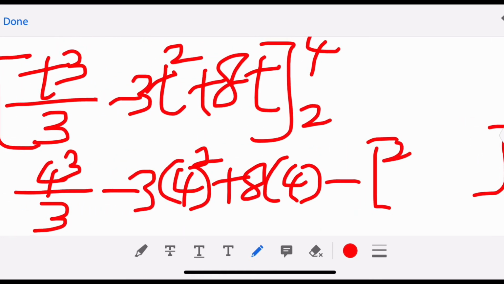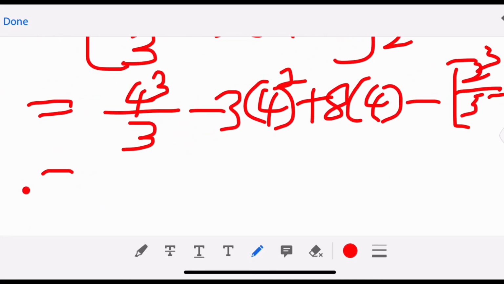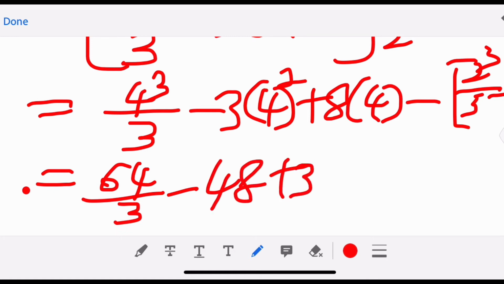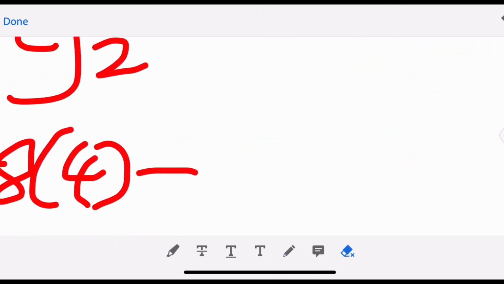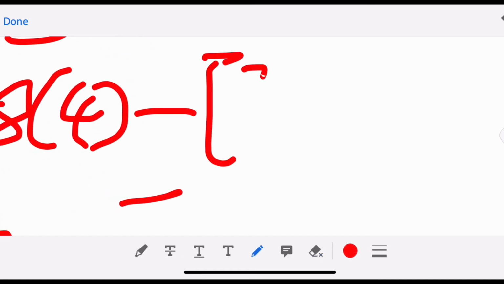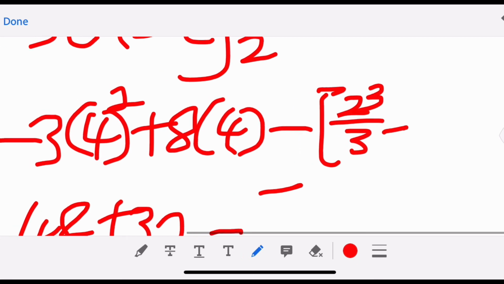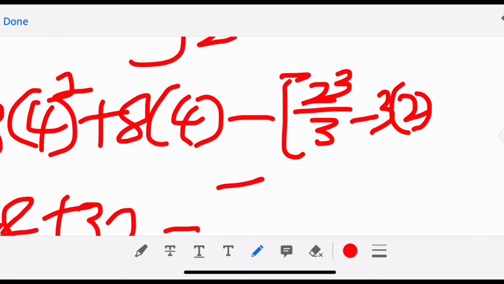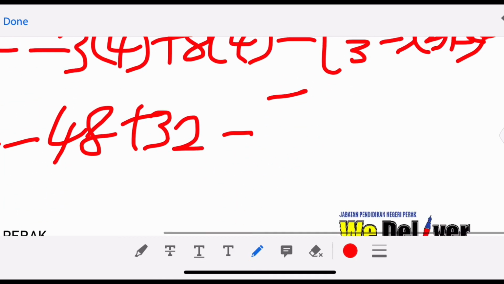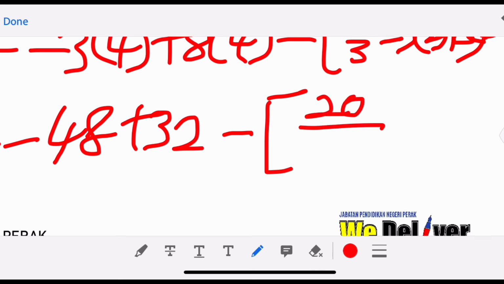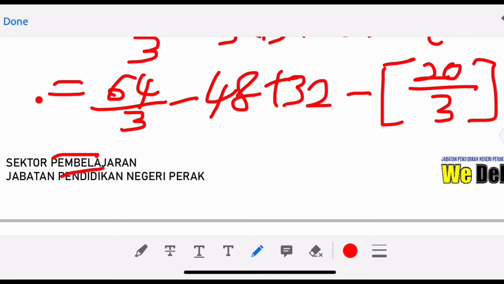The value at 2 is 2 cubed over 3 minus 3 times 2 squared plus 8 times 2, which we got already, actually 20 over 3. You can use that.